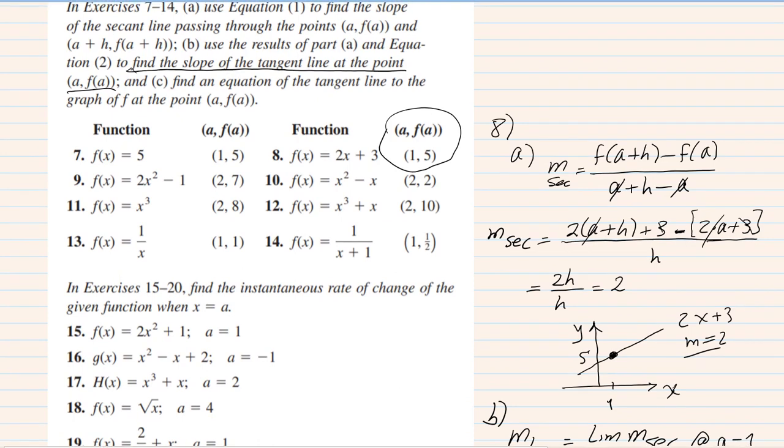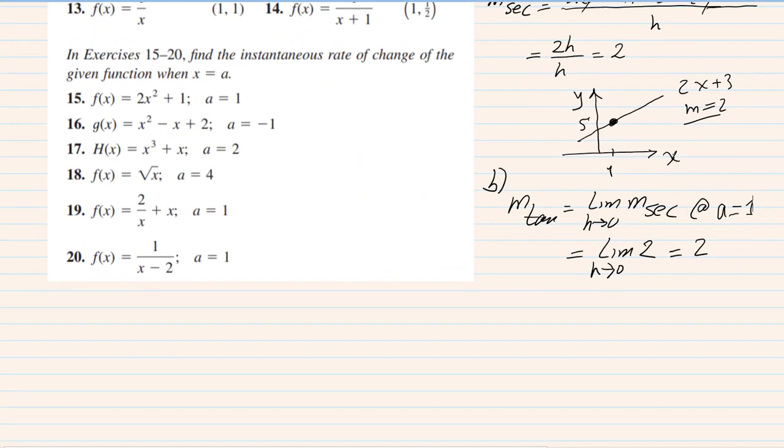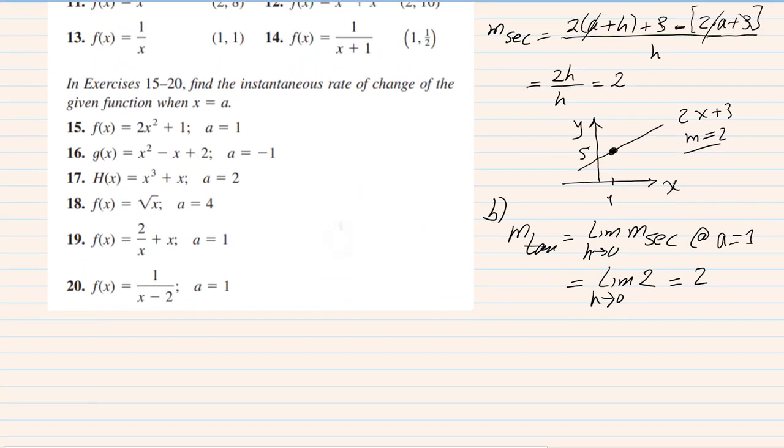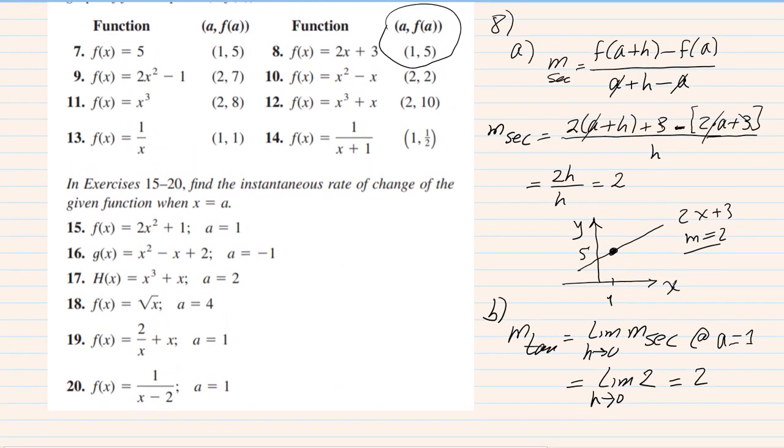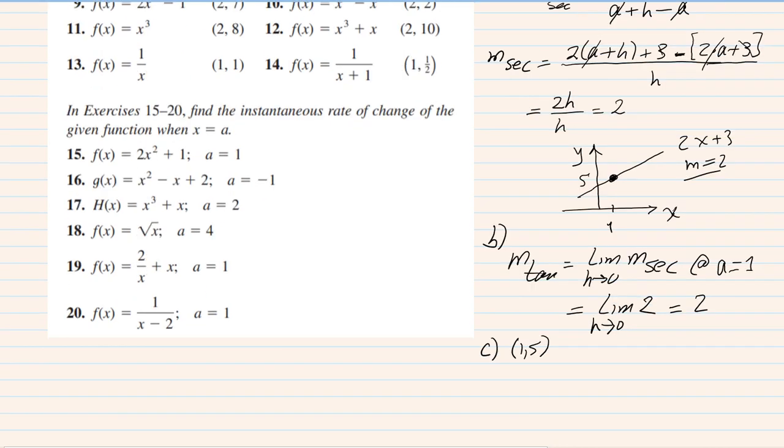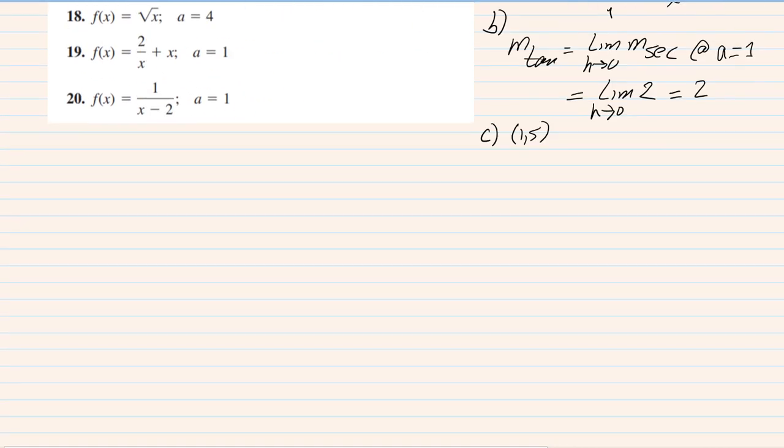In part C, find an equation of a tangent at the point a, f of a. So, remember, a is 1, f of a is 5 here. So in part C, we're looking at the point (1, 5). The slope of a tangent is going to be 2. It's always 2 for this one.